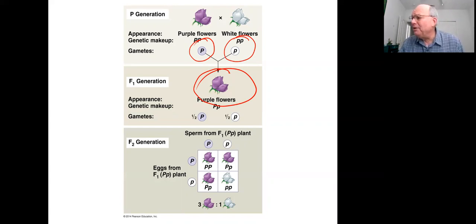So it turns out, and Mendel realized this pretty quickly, that each individual must have 2 separate pieces of genetic information, we would say 2 separate alleles, for each trait, for each character that they show. So this is one conclusion that Mendel reached based on this observation.